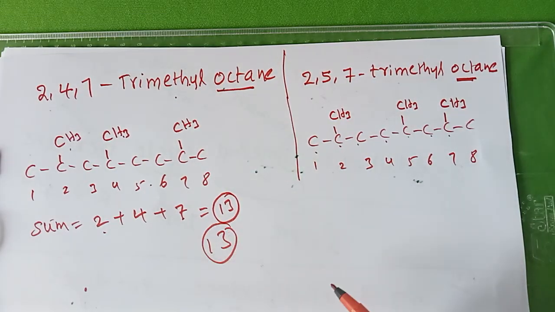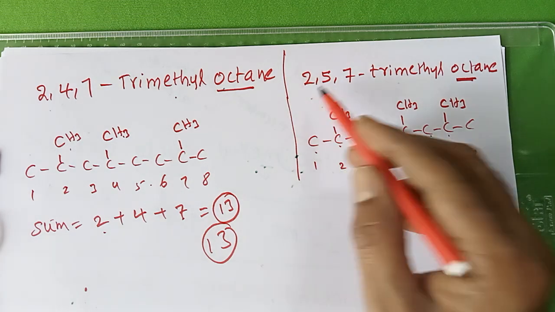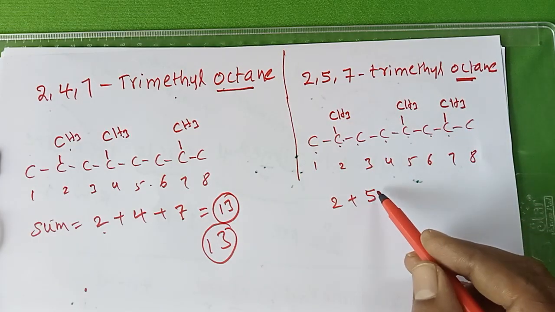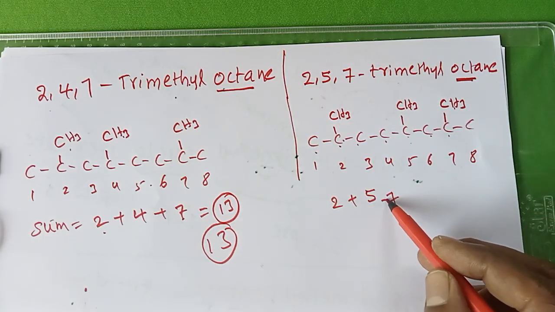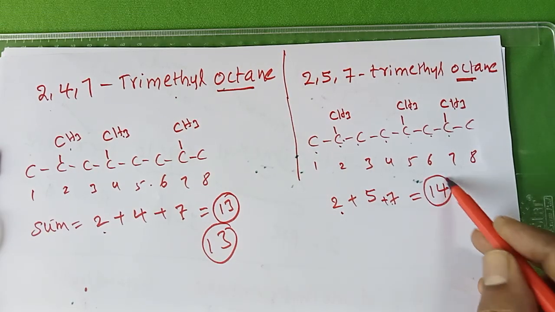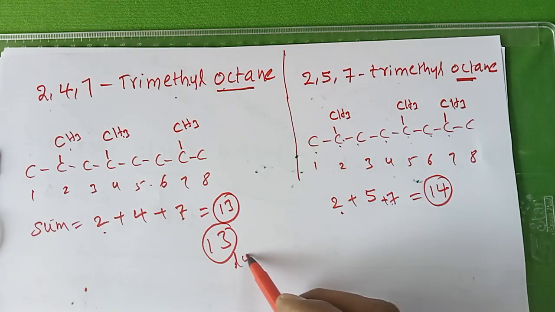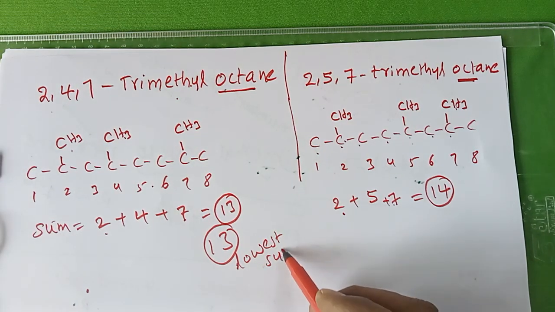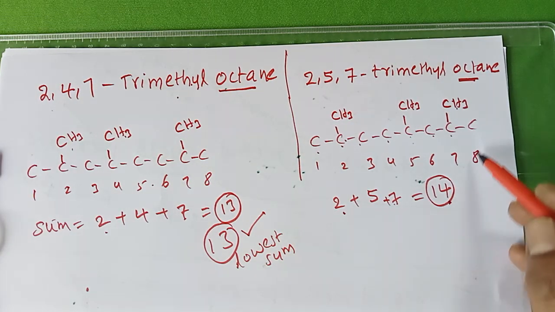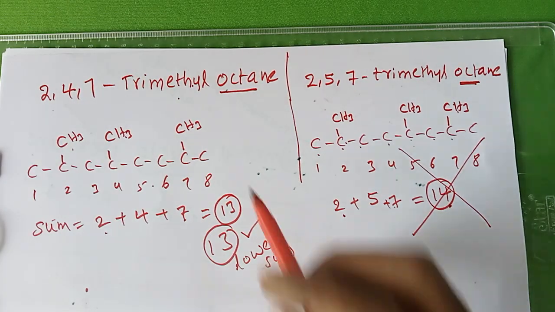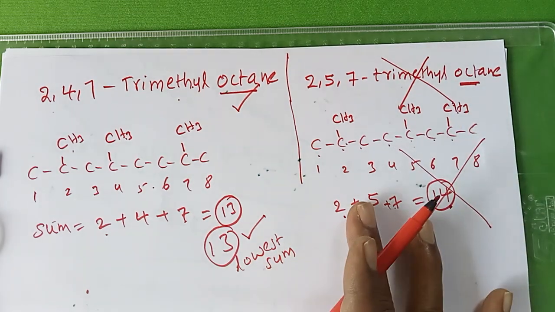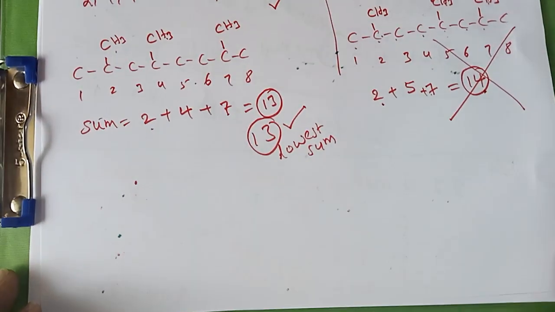Here, methyl at the second, fifth and seventh carbon: 7 plus 2 is 9, plus 5 is 14. This is the lowest sum, so this is the right numbering. This is not the lowest sum, so this is the wrong numbering. So this name is the right name and this name is the wrong name. This is how to select the correct and incorrect name.